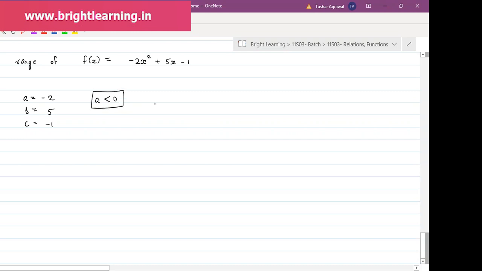So my graph will be a downward facing parabola, and the topmost point's x coordinate is -b upon 2a, which is actually 5 by 4, correct? -b upon 2a will be 5 upon 4.